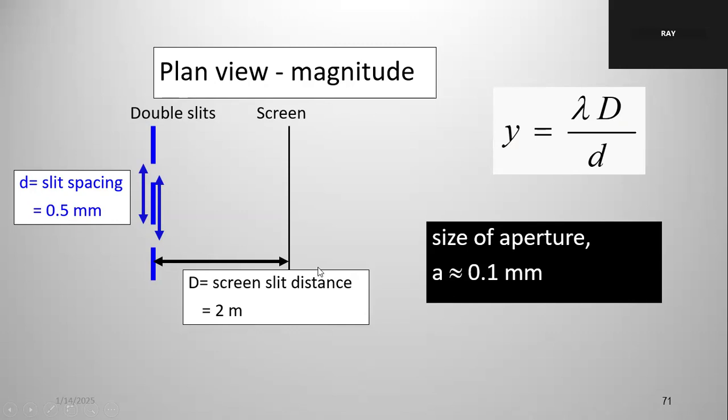D is the screen to slit distance, about 2 meters. Y, your aperture size, is about 0.1. You can see it is very much larger than the wavelength. You cannot get smaller than that. Fringe spacing: y is the fringe spacing.